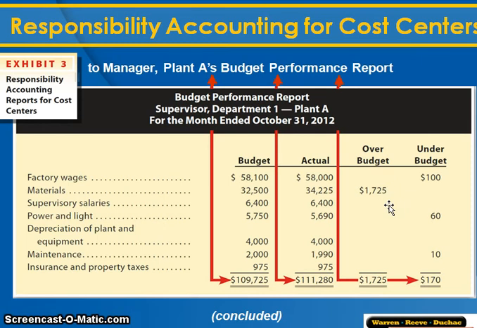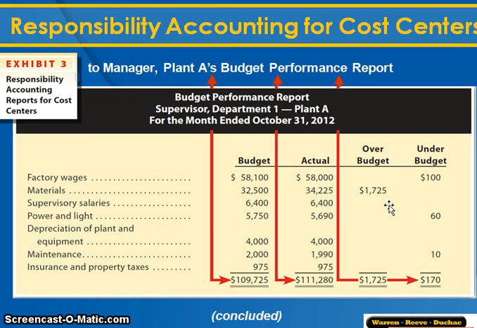So with that, who am I going to go to if my materials were more expensive than we expected them to be? I would go to the purchasing manager and say, hey, why did we pay more for these materials than we had expected to when we prepared this budget? So the idea is at different levels you see different things, and you can continue to drill down on each of these levels to get to why your budget is what it is.